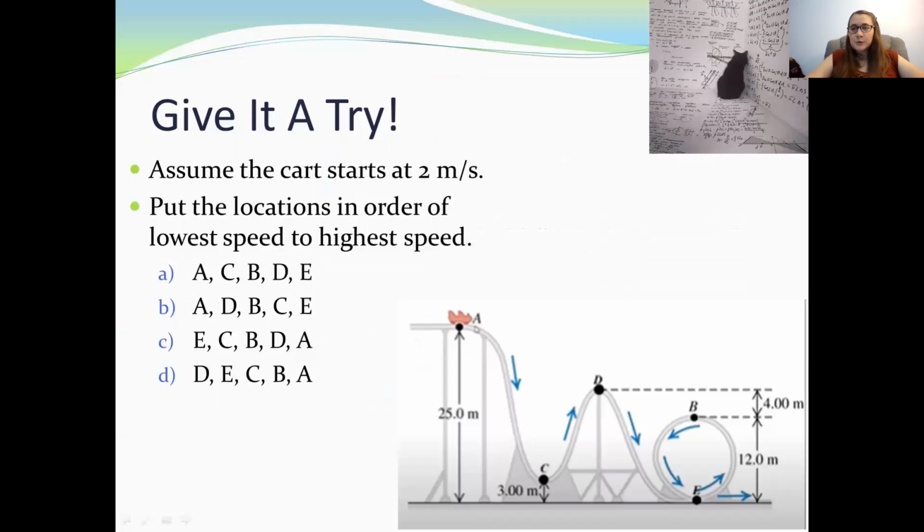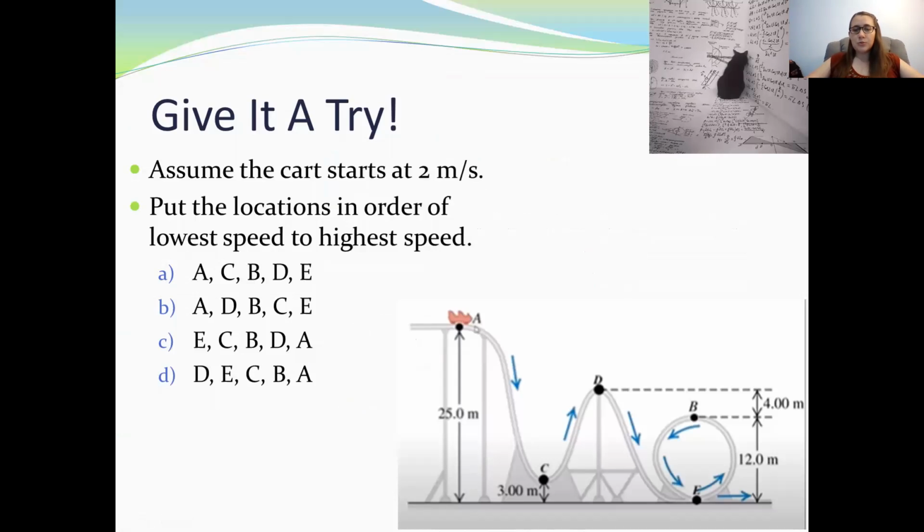All right. So remembering conservation of energy, and our relationship between these different types of energy. Remember, energy is not created or destroyed, but it can transform from one kind to another, right? So from kinetic to potential and potential to kinetic, it can transform between those.